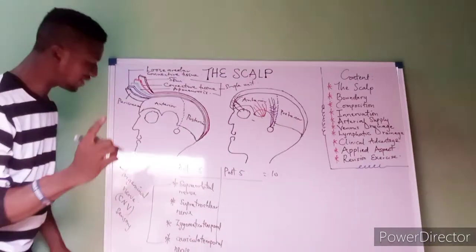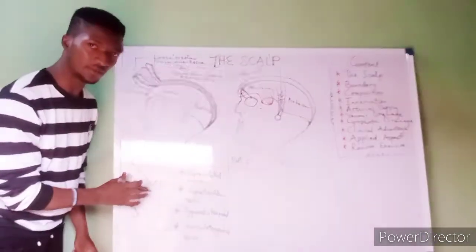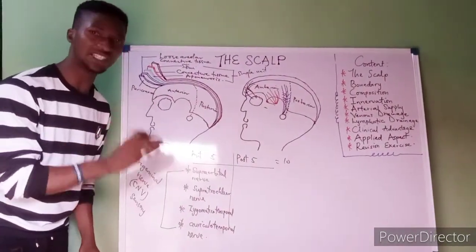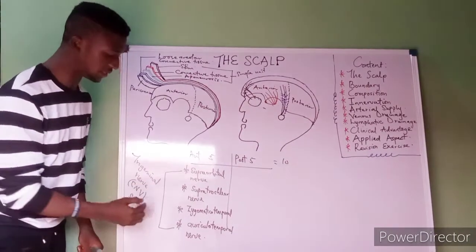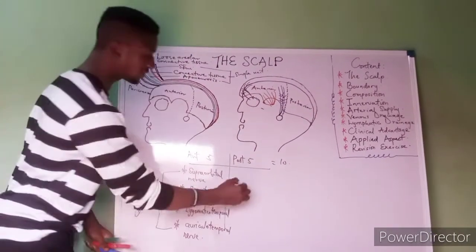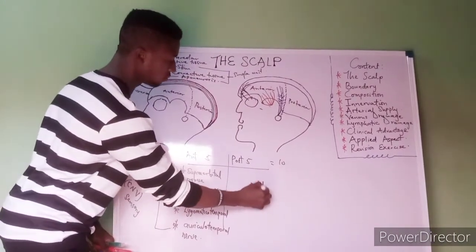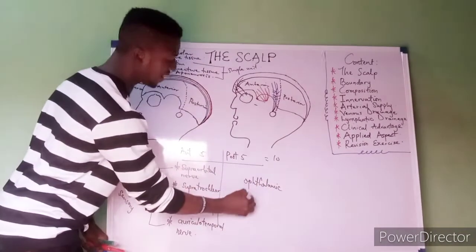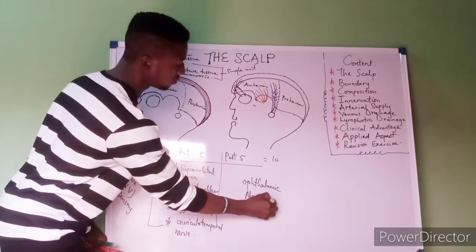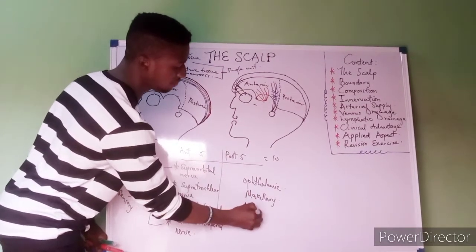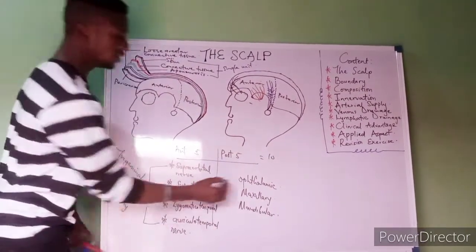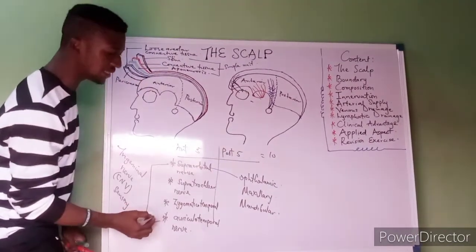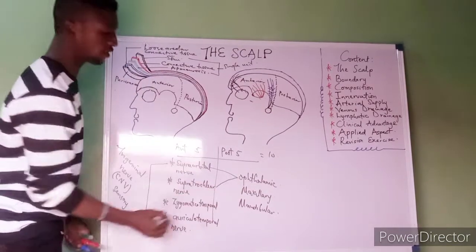They are all branches of the trigeminal nerve. But you must know that the trigeminal nerve has 3 major branches. What are the 3 major branches? We have the ophthalmic, the maxillary, and the mandibular. The ophthalmic is specific to the supraorbital and the supratrochlear.